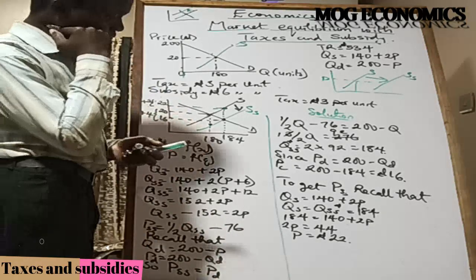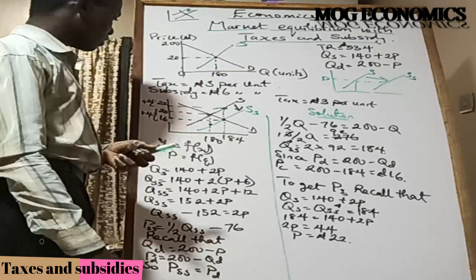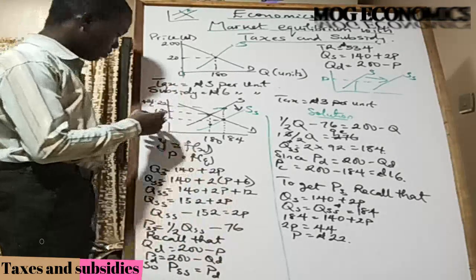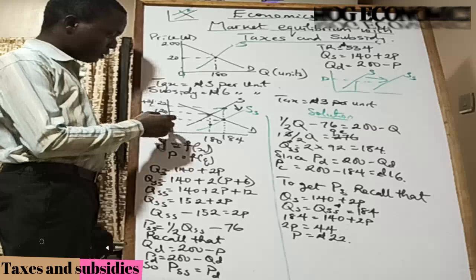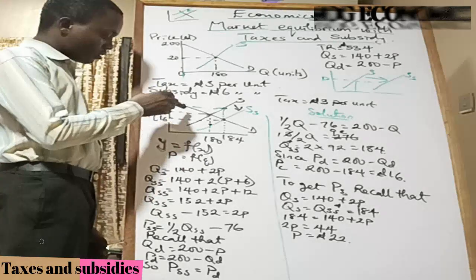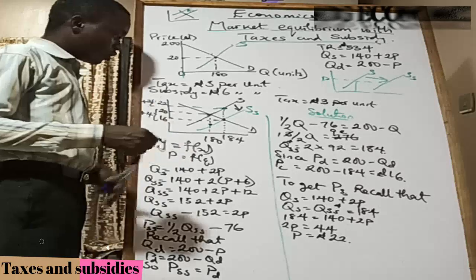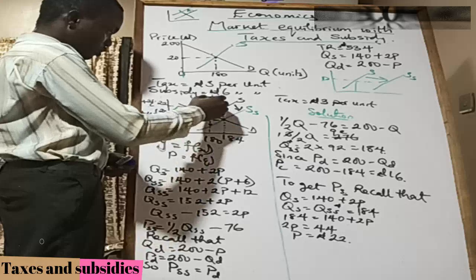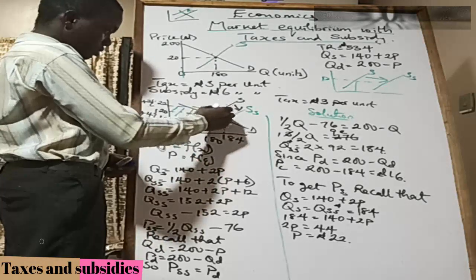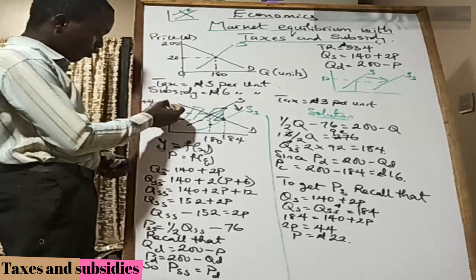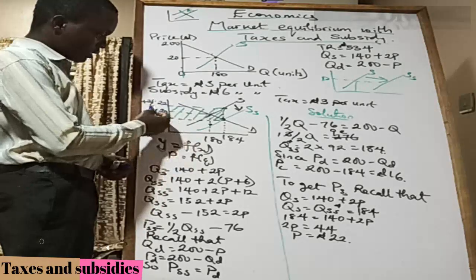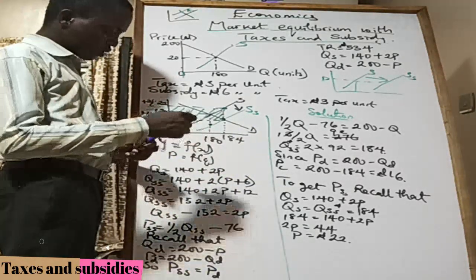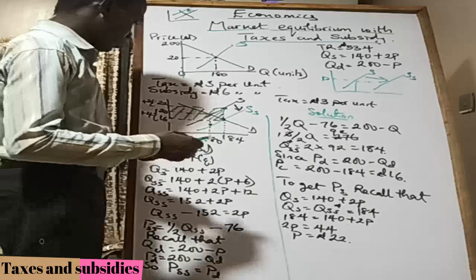So how then do we get the revenue? To get the entire subsidy, consumers are paying 16, right? And then producers have to receive 20. So the entire subsidy, what the government has to pay, is going to be 22 minus 16, which is 6. 6 multiplied by 184. So that's going to be the amount of subsidy.